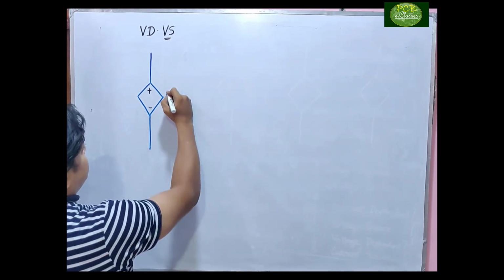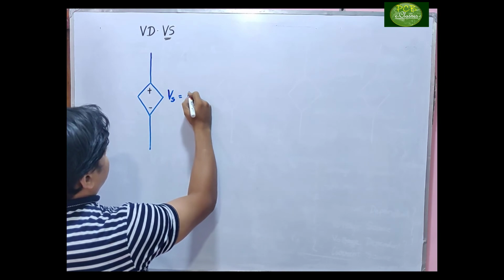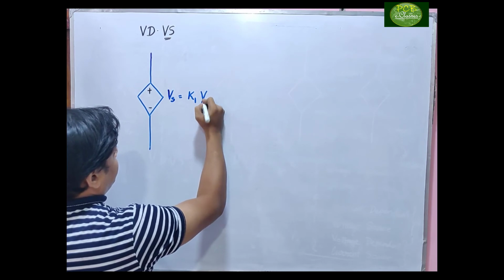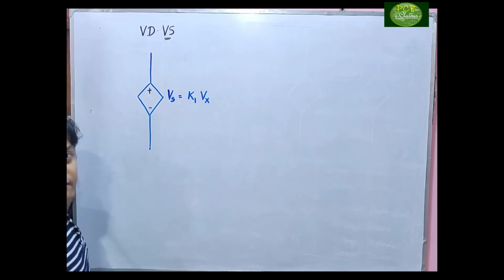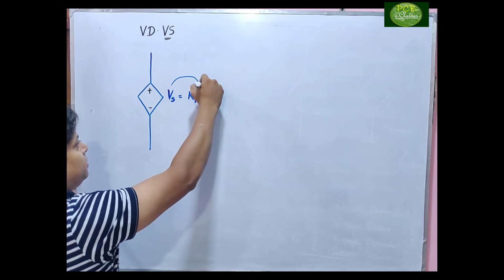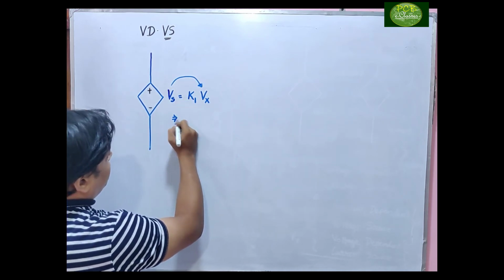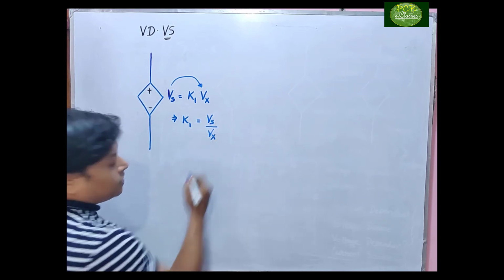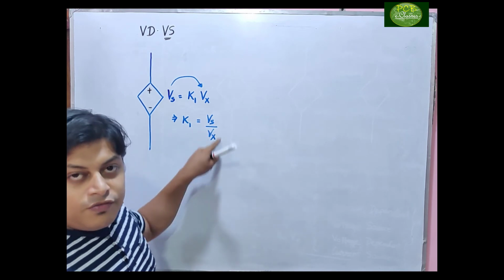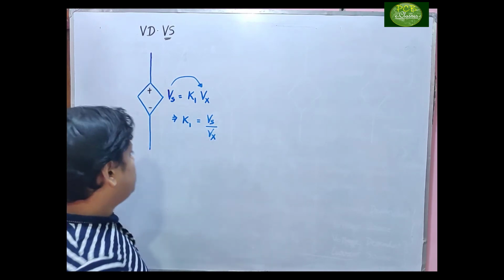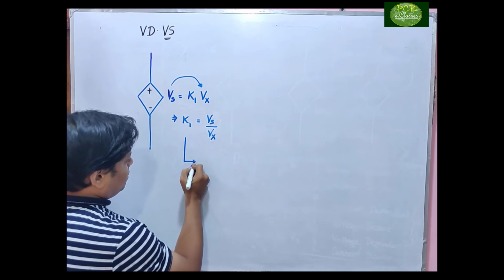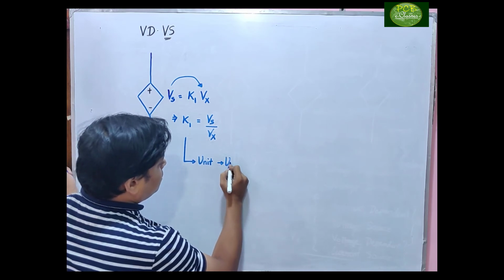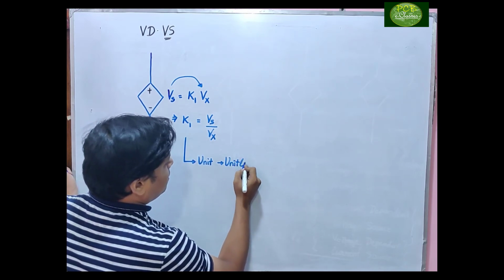Fine. So Vs equals K1 times Vx. Vs depends on Vx. If I find out the K1 value, K1 is Vs by Vx. What is the unit of Vs? Volt. Vx, volt. Volt by volt. So the unit is what? Unitless.